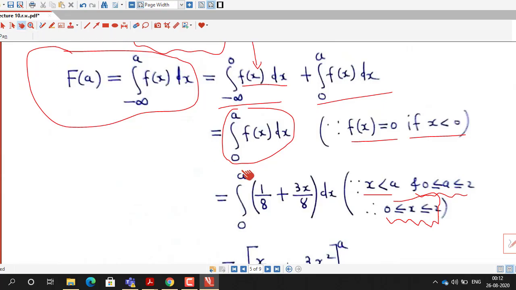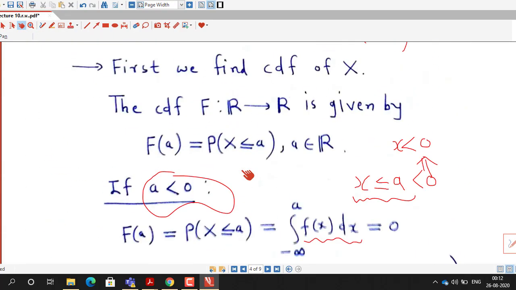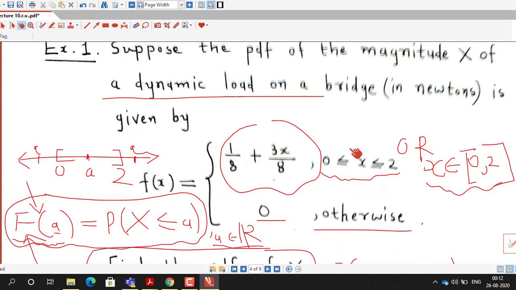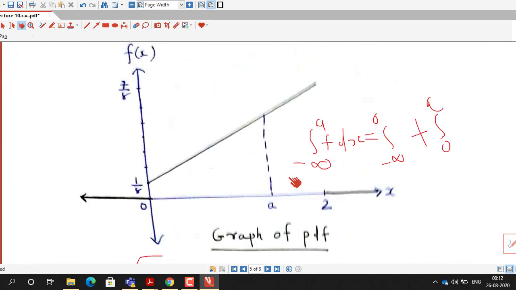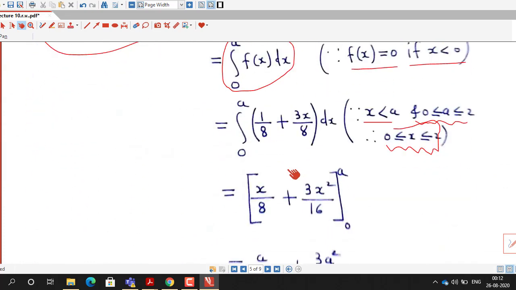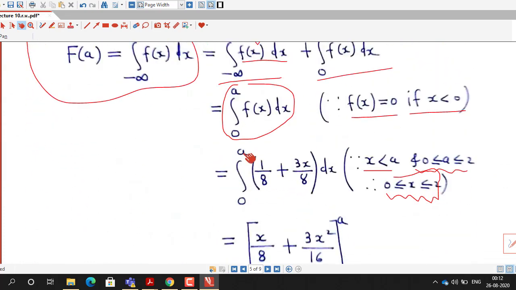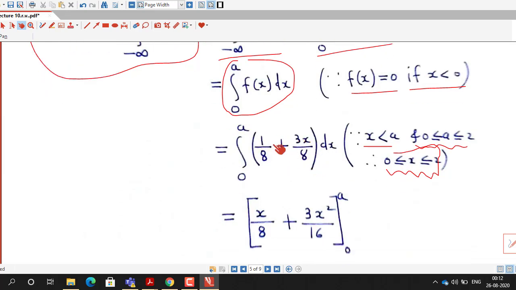And if x is between 0 and 2, fx is given as 1 by 8 plus 3x by 8. So we put the value of fx there. Now this is a simple integral.